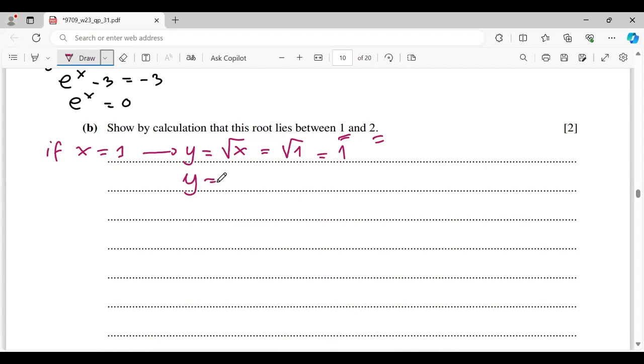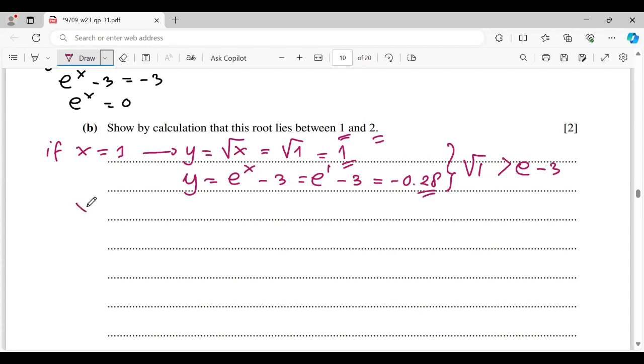So the equation y equals e power x minus 3 equals e power 1 minus 3, which is minus 0.28. So it is square root 1 greater than e power 1 minus 3. Compare this number.